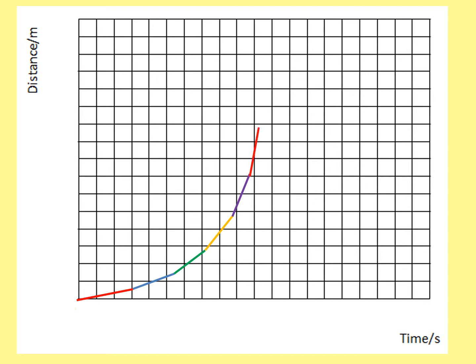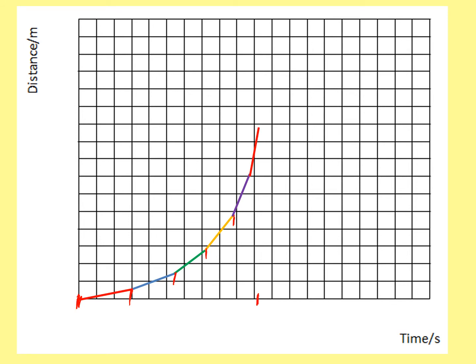What this shows is that the speed is changing over this whole period of time, from 0 to about here. The speed is increasing, and increasing, and increasing. And it takes about this much time for the speed to increase.